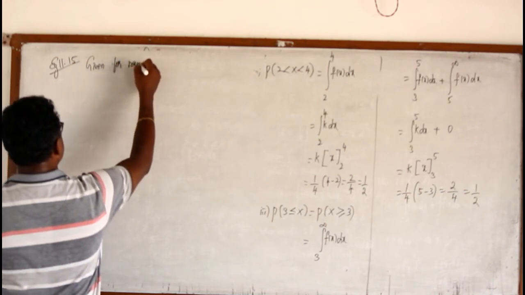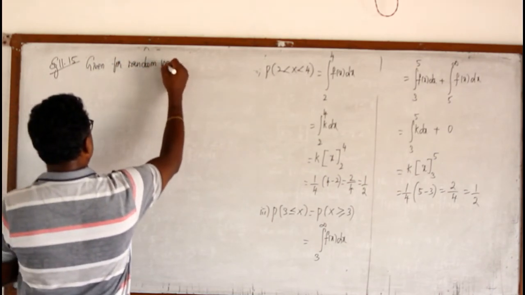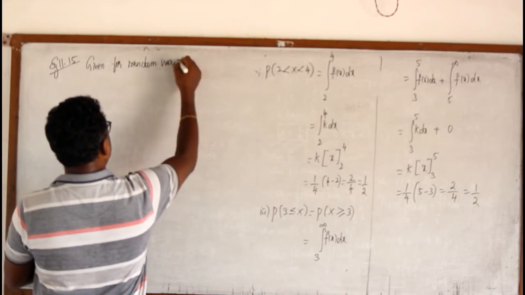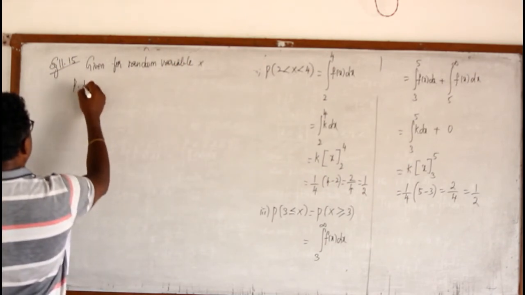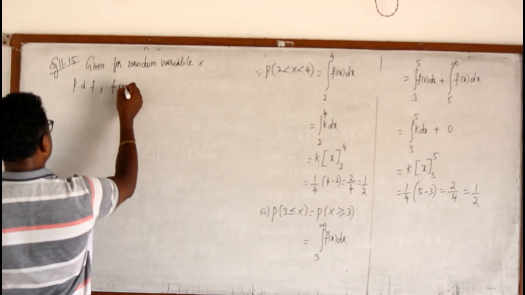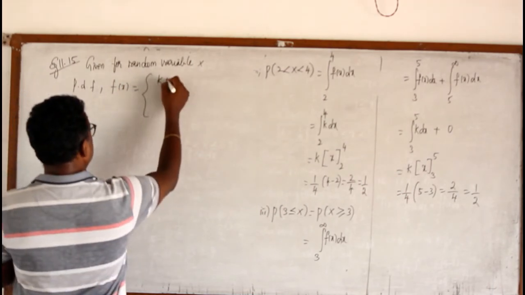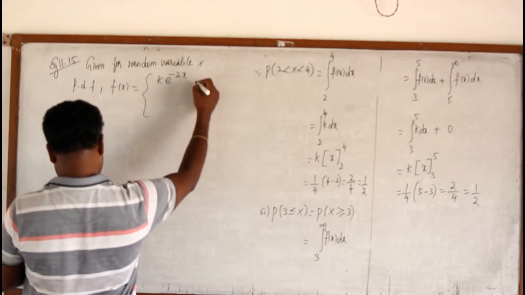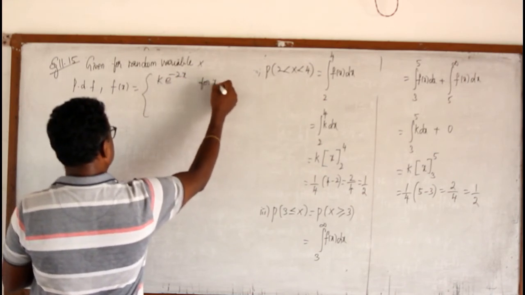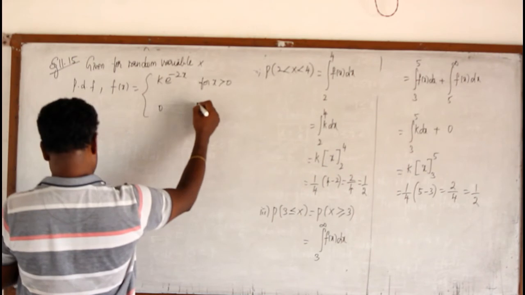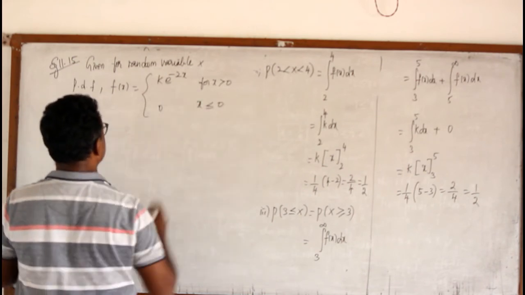For random variable x, the PDF f of x equals k into e power minus 2x for x greater than 0, and 0 for x less than or equal to 0.